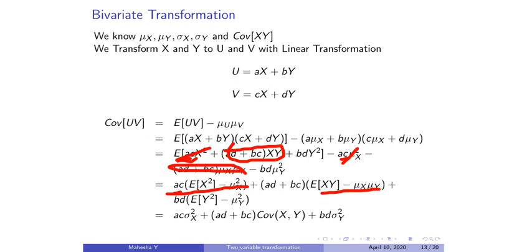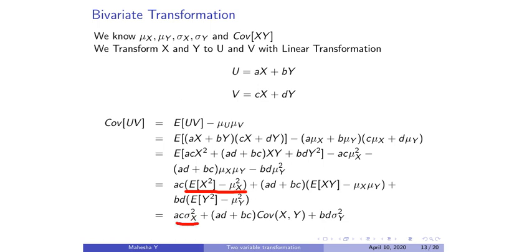Similarly bd y square. So expectation, if you bring it here, it will be expectation of y square minus mu y square, this is also having the same coefficient bd. So that is the simplification we will do. After that, expectation of x square minus mu x square, what is that? E of x square minus E of x whole square is nothing but sigma x square.